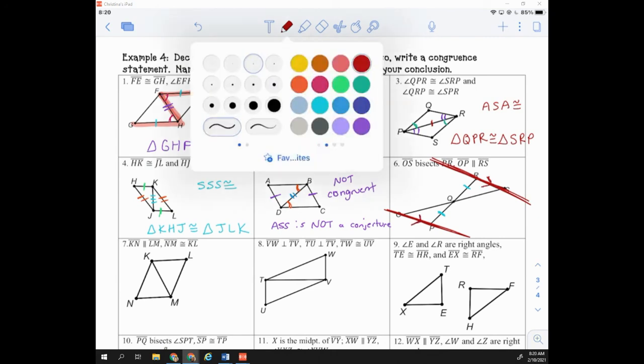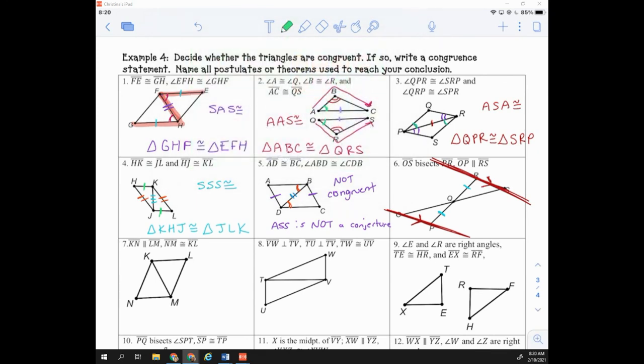So if they're parallel to one another, then that means we have alternate interior angles here. We also have alternate interior angles here.